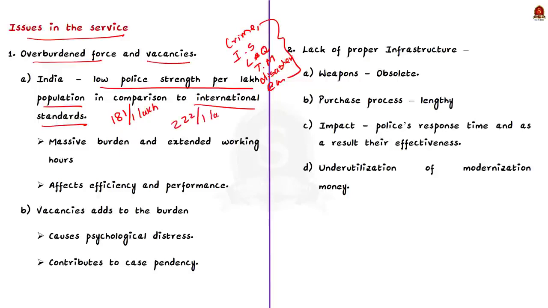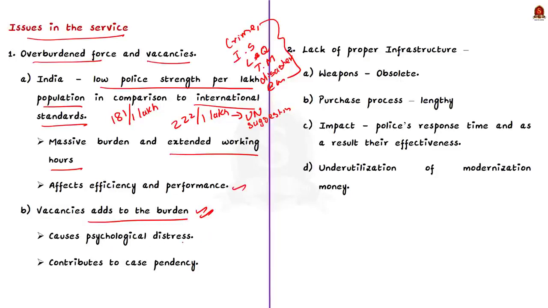As a result, the average police officer ends up with a massive burden and extended working hours, which hurts his or her efficiency and performance. Apart from this, a high percentage of vacancies in police department increases the already existing problem of overworked officers. See, understaffing leads to overburdening of work, which reduces the effectiveness and efficiency of the police officers.